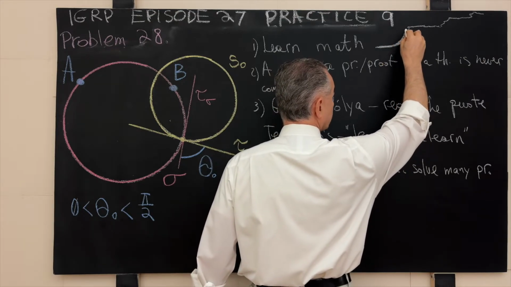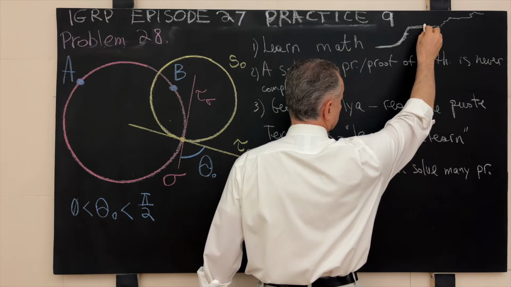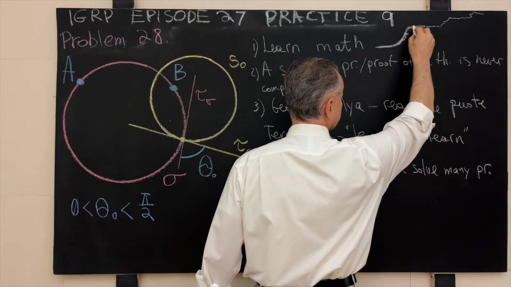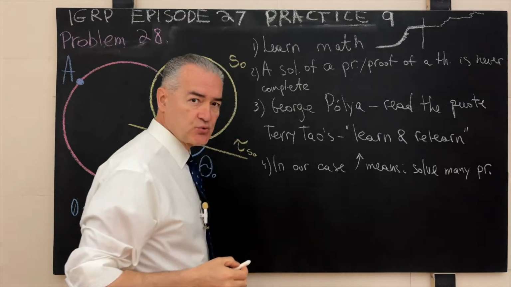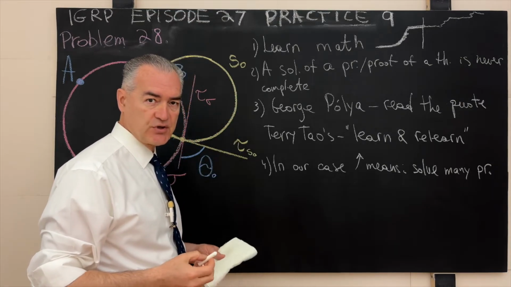We do it for some time, and then we reach the plateau at which we start solving problems in this particular area. This is precisely the area when we become dangerous, because we know just enough to inflict a certain amount of damage on any given problem.